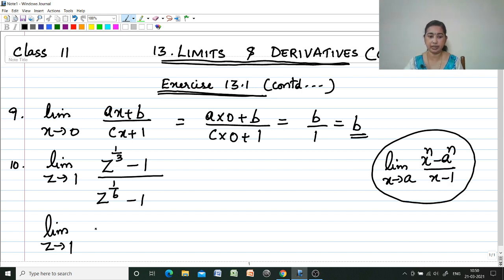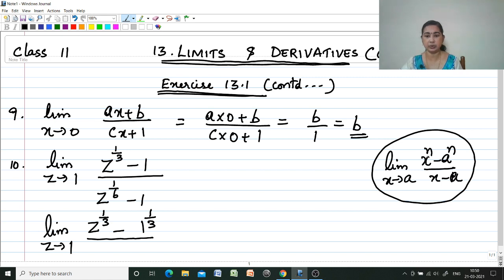So here we can write it as z raised to 1 by 3 minus 1 raised to 1 by 3, where 1 raised to any number is 1 itself. Now check here: x raised to n minus a raised to n, then the denominator should be x minus a.